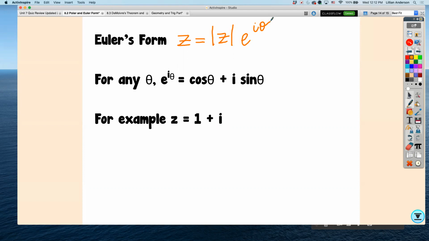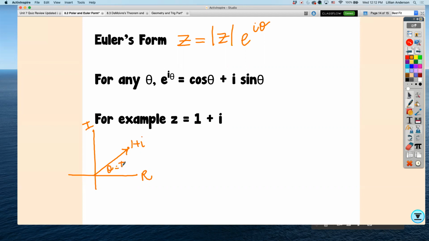Okay? So the example that I have for you is 1 plus i. Which quadrant is it located in? First. Right? Positive 1 on my real, positive 1 on my imaginary. What would be my angle here, my theta?